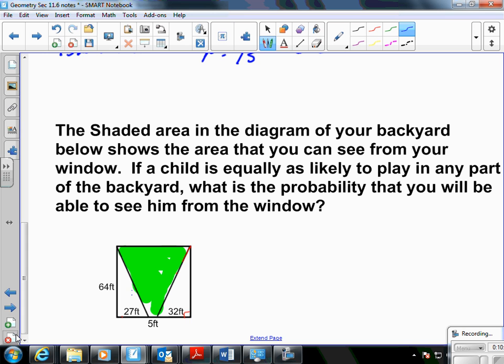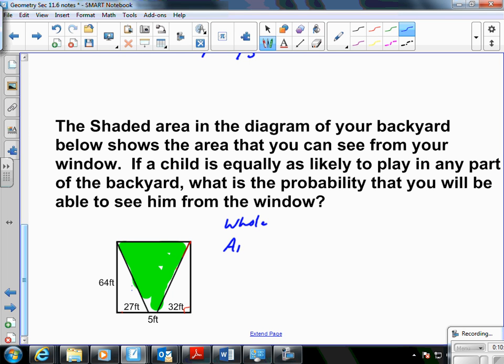So it comes back to the part over the whole. So we need to figure out what the measurement of the whole is, and then we need to figure out what the area of the part is that we would be able to see them in. So the whole, which is going to be the area of, in this case this is going to be a square, because if I add 27, 5, and 32, that's going to give me 64.